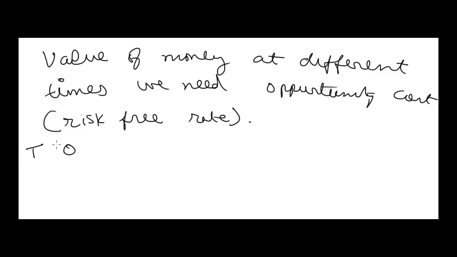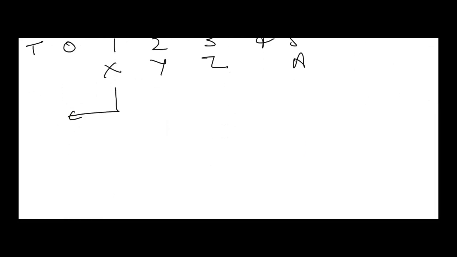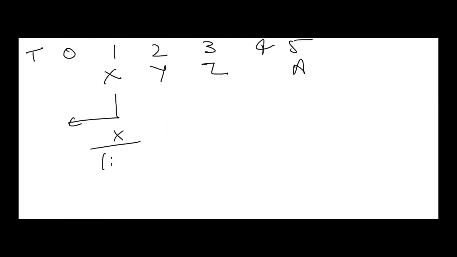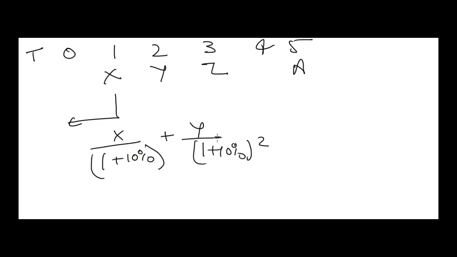We have time 1, 2, 3, 4, 5, and suppose you get a stream of X rupees, Y rupees, Z rupees, and say A rupees. Then to get the value today, you have to divide this by 1 plus 10%, assuming 10% is your opportunity cost, plus Y upon 1 plus 10% the square. And you're really finding out the value that you have to deposit in the bank today to get this Y alone.